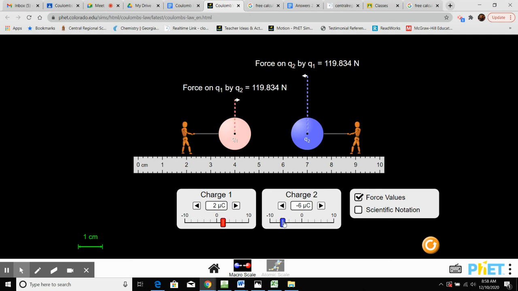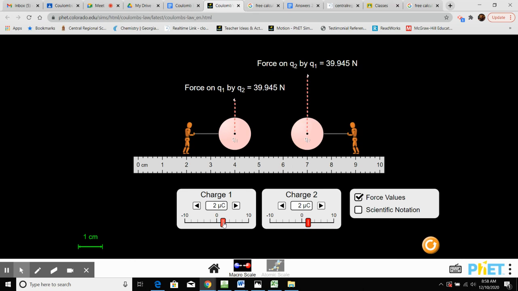What if I double, let's bring this over to here. Double 39.945, if I just double this charge over here, I should get 79.89. So if I make this a 4, 79.89, yeah. Okay, cool.